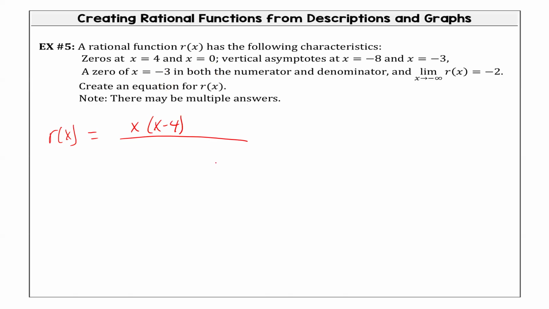Does that make sense? That's because your zeros come from your numerator, right? And in my denominator, I for sure have to have the opposite of them, x plus 8 and x plus 3.